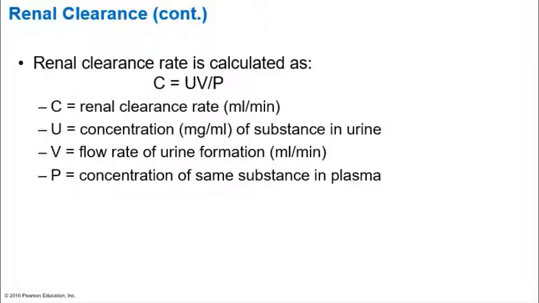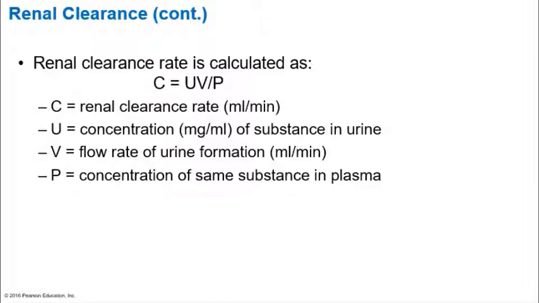It's just the formula for renal clearance. It's C, represents the renal clearance, is equal to the concentration of the substance in the urine times the flow rate of the urine formation divided by the concentration of that substance in the plasma. You're basically saying, how fast can I pull it out of the plasma?